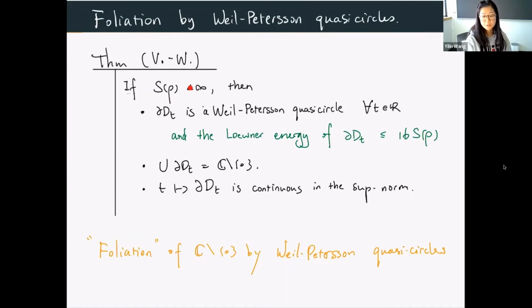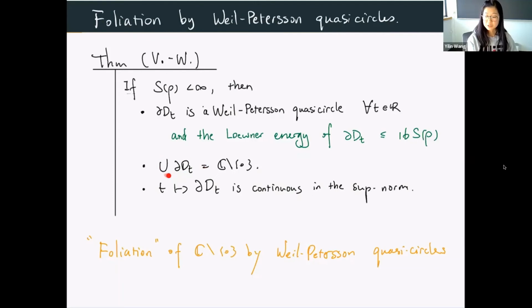So this is our result. If S of rho, whose definition I will give in the next slide, is finite, this is an energy coming from the large deviation of SLE with large kappa, then all the boundaries of the D t are Weil-Petersson quasicircles with no exception. Moreover, the Loewner energy of this boundary is less than or equal to 16 times the Loewner-Kufarev energy of the curve generating it.